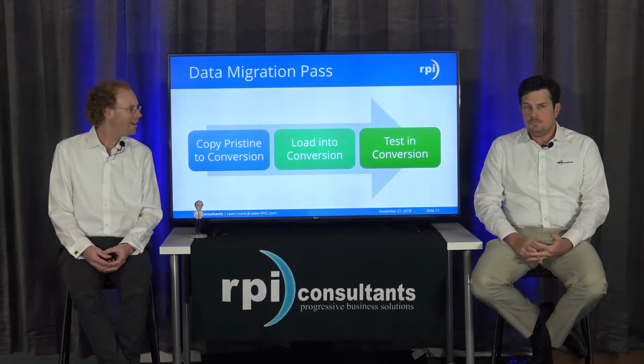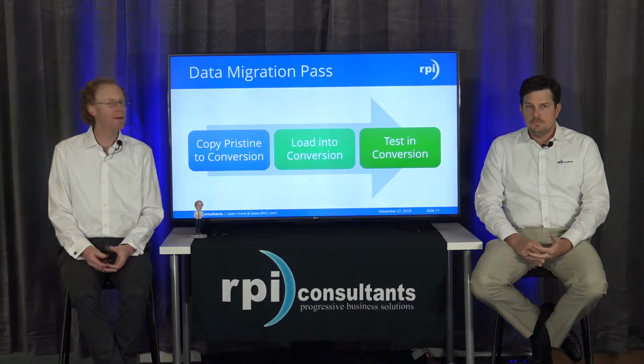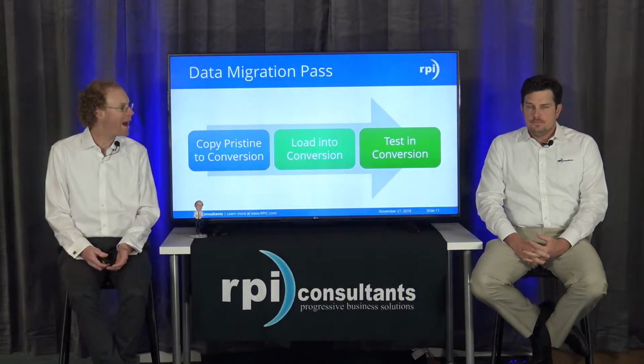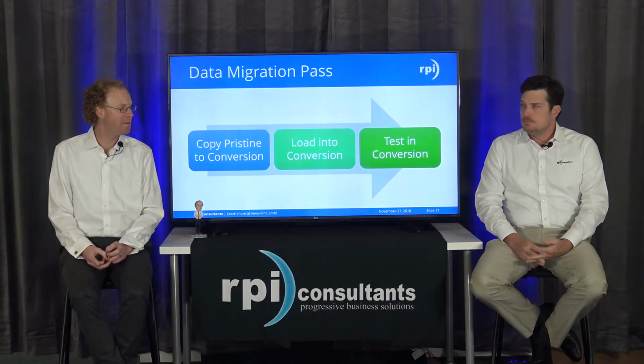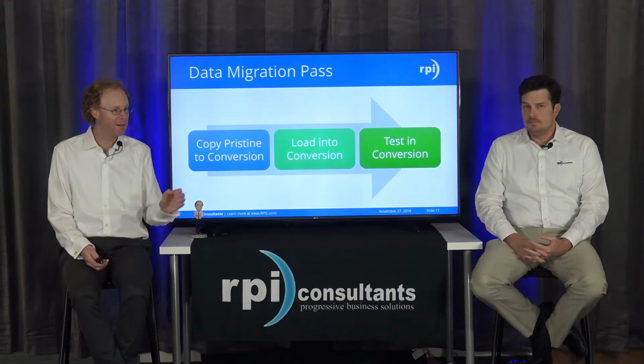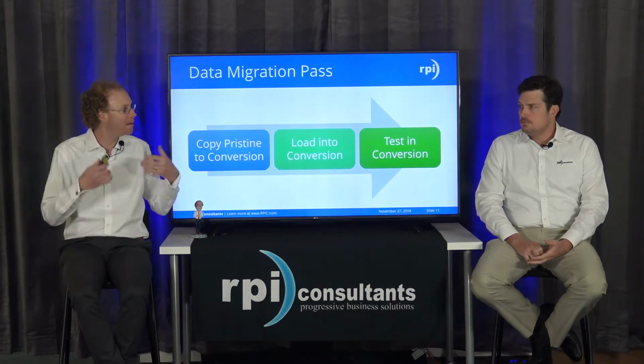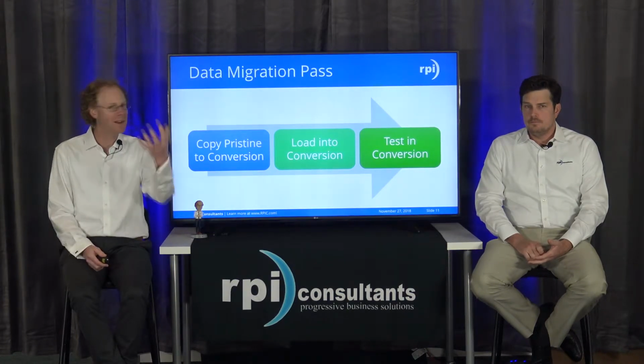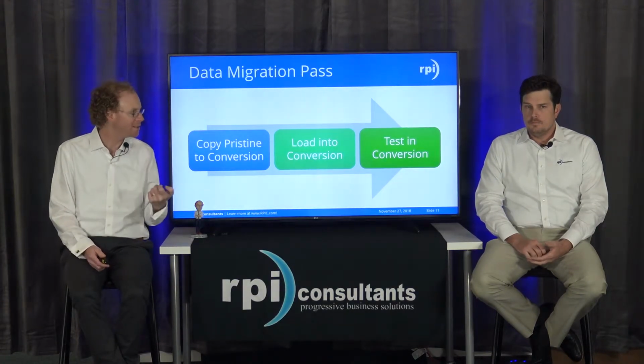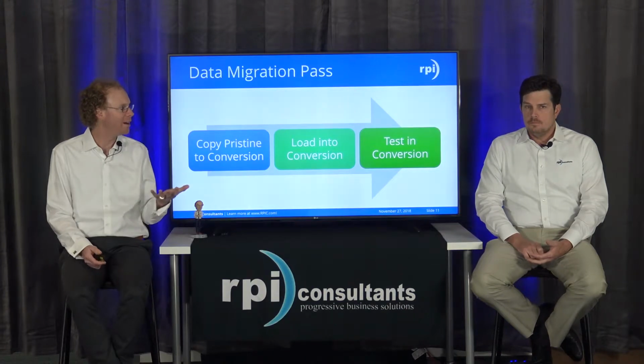So let's see that in action. When we're going to perform a data migration pass, we need to start by clearing the data area that we're going to begin working in. We do that by refreshing it from pristine down into the conversion target data area.